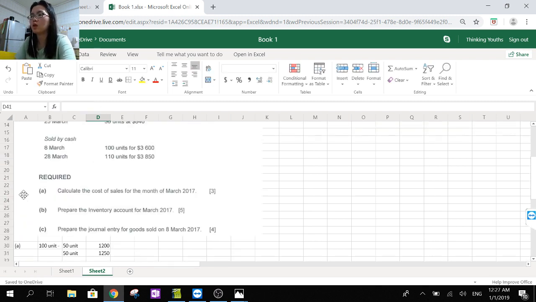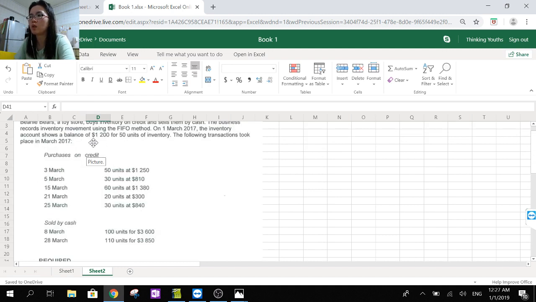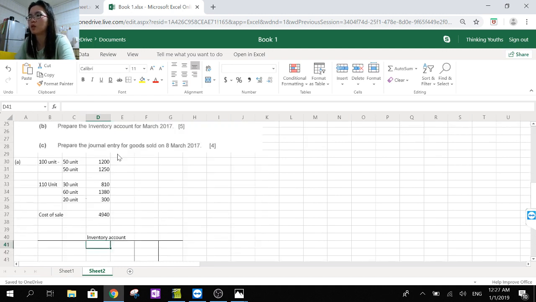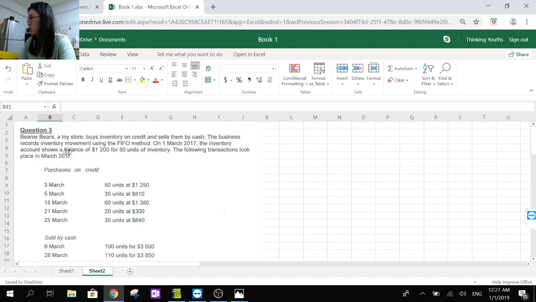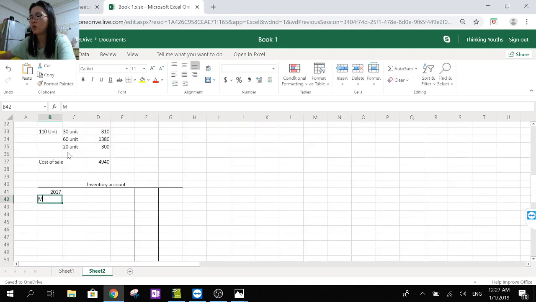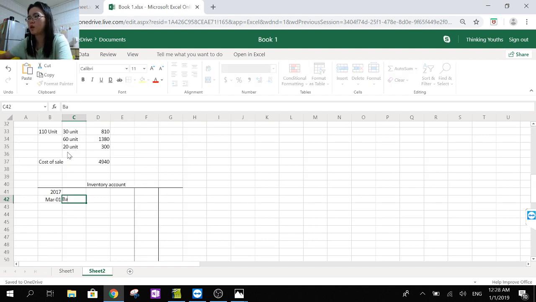So inventory, we actually have the balance brought down of 50 units, 1,200. So the date will be 2017 March 1st. So this is balance brought down.